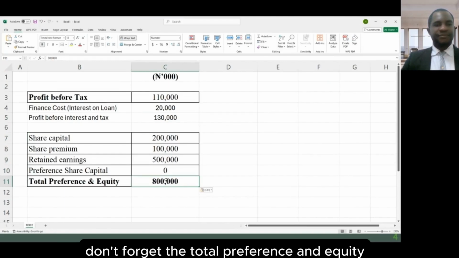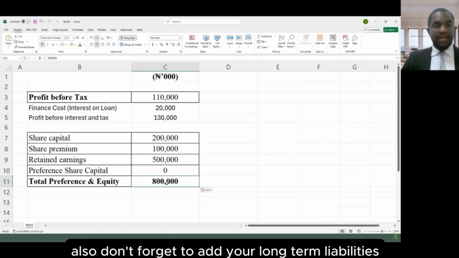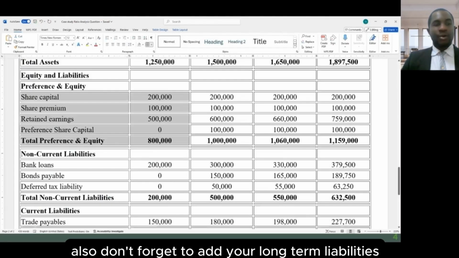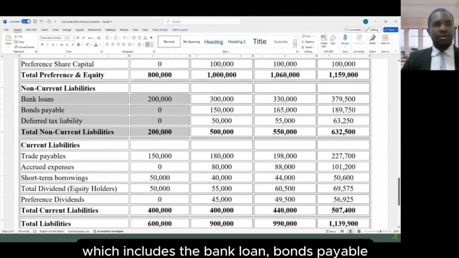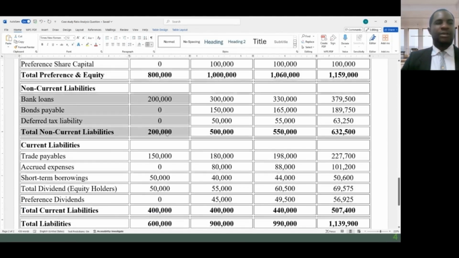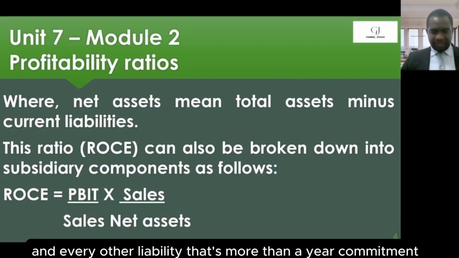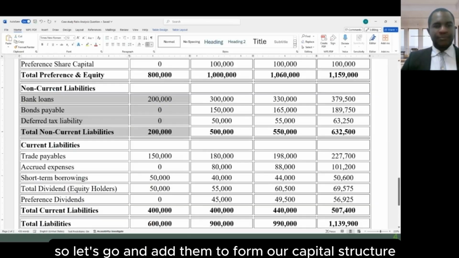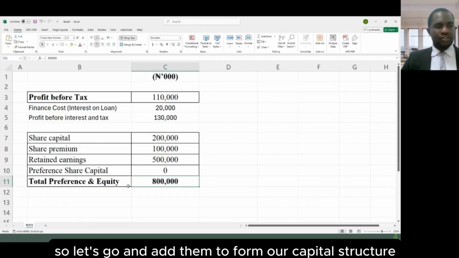Don't forget the total preference and equity. It's the figure we are using for the denominator. Also, don't forget to add your long-term liabilities, which includes the bank loan, bonds payable, and every other liability that is more than a year commitment. So let's go and add them to form our capital structure.